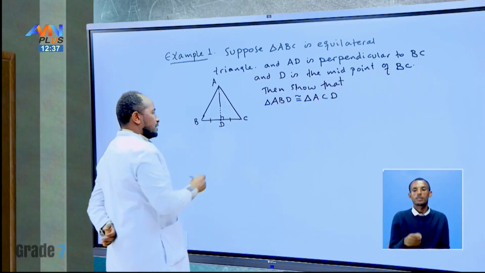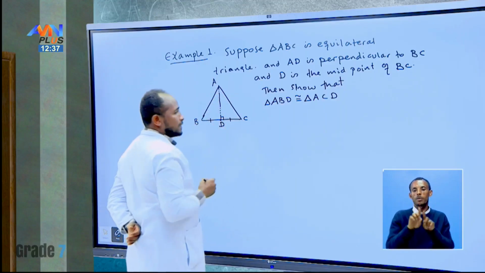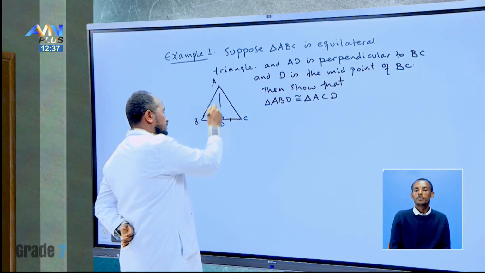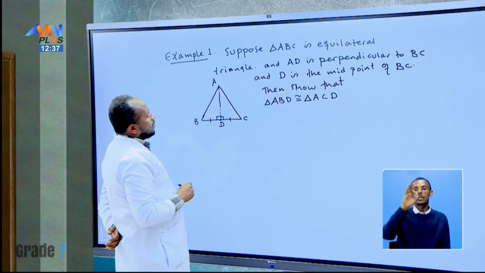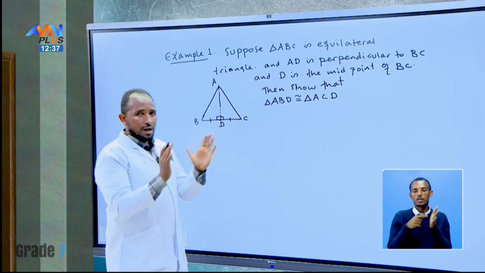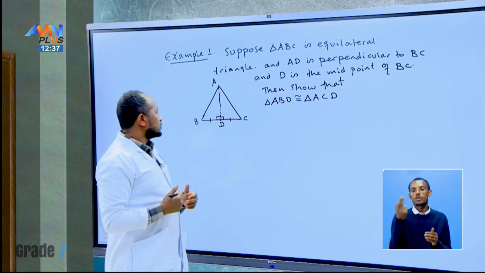And since AD is perpendicular to BC, this angle is also 90 degrees. This one and this one are also 90. So now we need to show these two triangles are congruent. Using a congruency test, we'll try to show it.